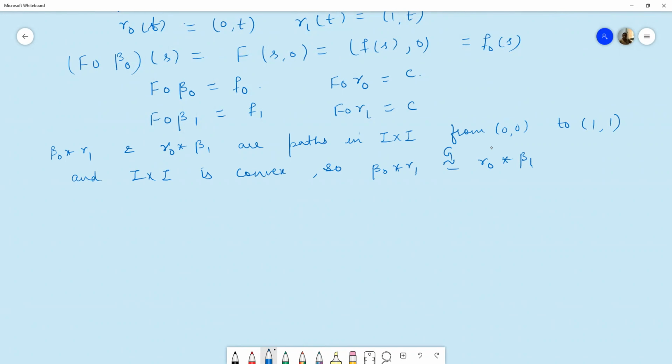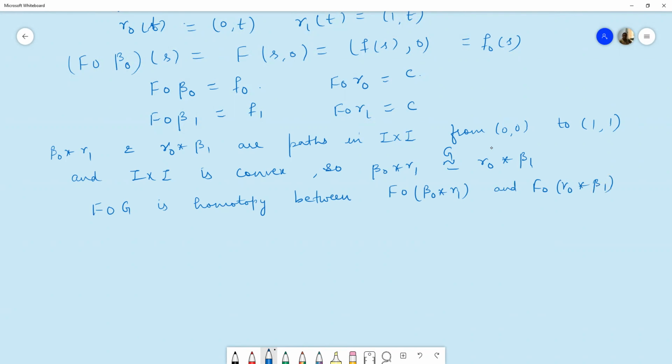And if G is a homotopy between them, then what is F circle G? Now F circle G is a homotopy between F circle beta naught star gamma 1 and F circle gamma naught star beta 1.